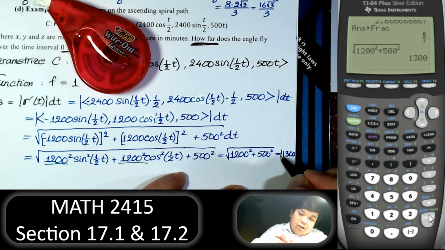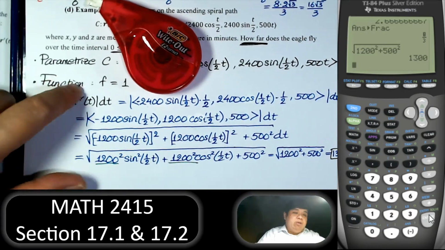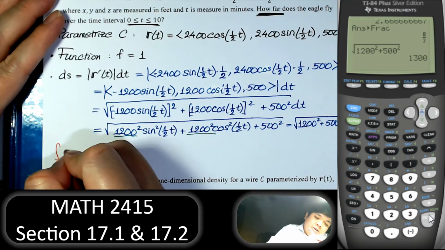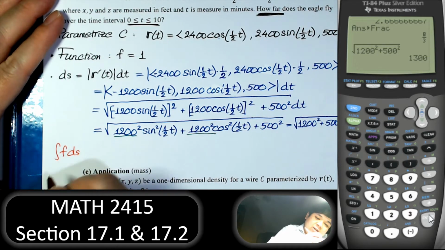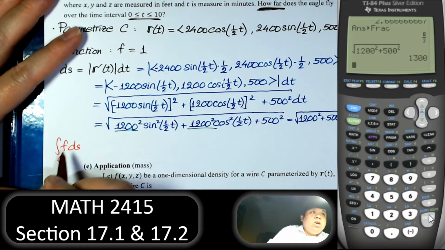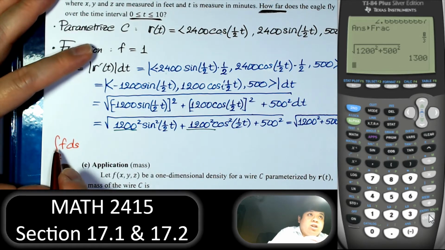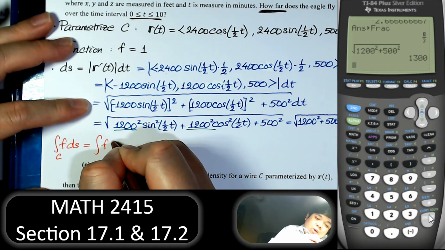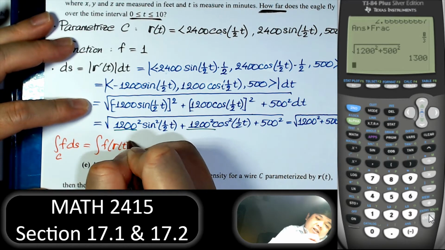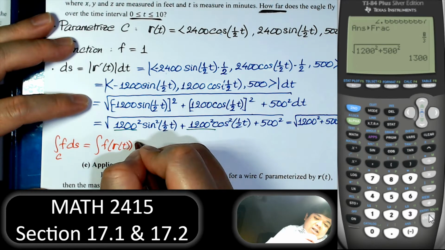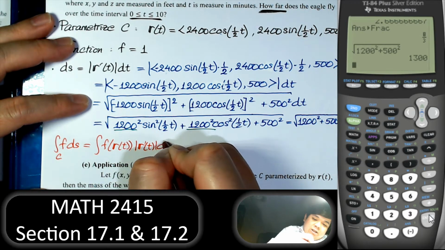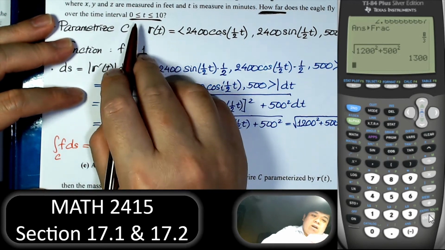So we found ds, and we found the function. Finally, the integral of f times ds. There's no dot or anything in between, just regular multiplication. We write the function in terms of t, and this time t goes from 0 to 10.